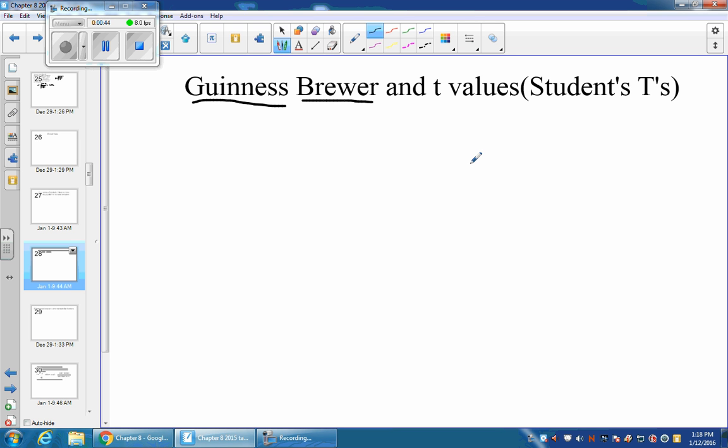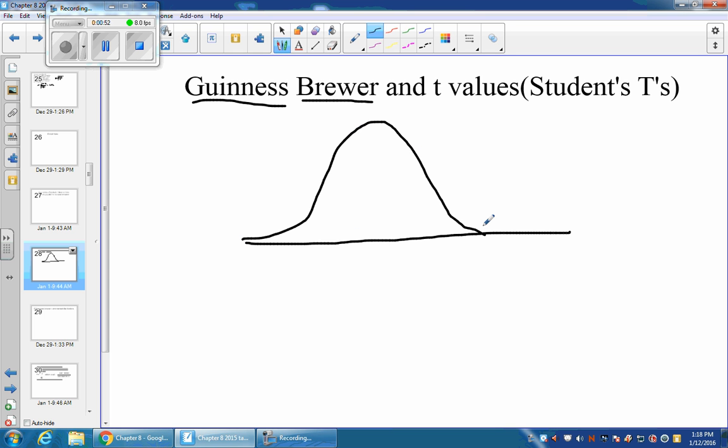And he started to notice that his normal distribution, which let's say looks like this, he started to notice that his values don't follow the normal distribution very well. So what he did is he took it and widened it out and made it flatter. And he did this to the distribution.